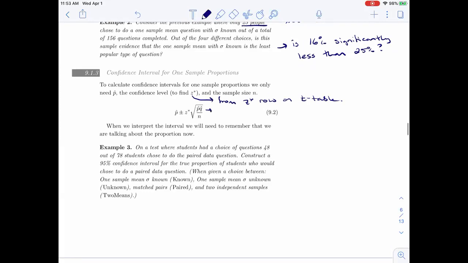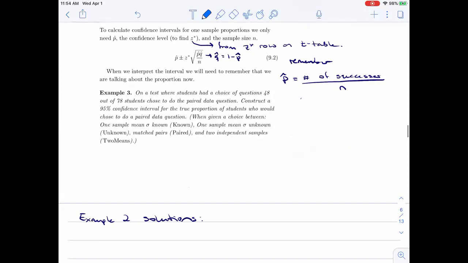And of course, q hat is 1 minus p hat. Remember that p hat is the number of successes over n. So technically, the only information that you need is the number of successes and n, because then we're able to find p hat, we have n, and then we just need our Z star.